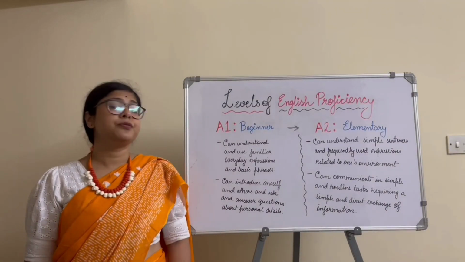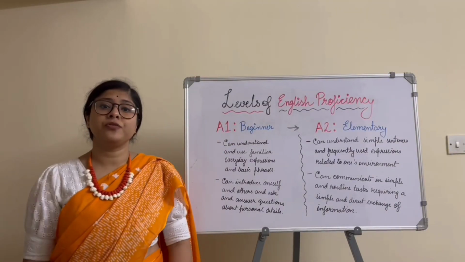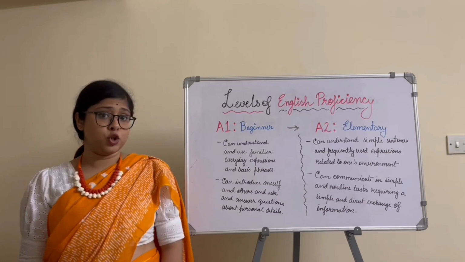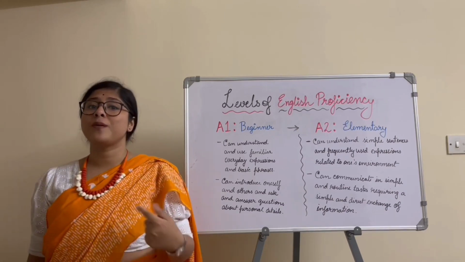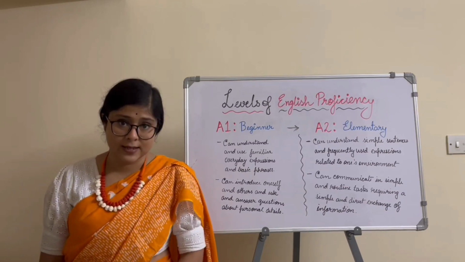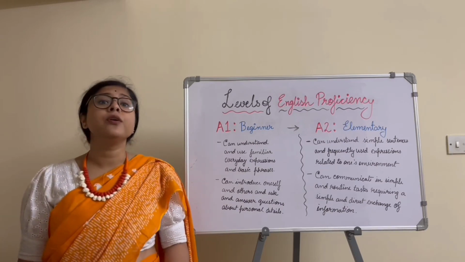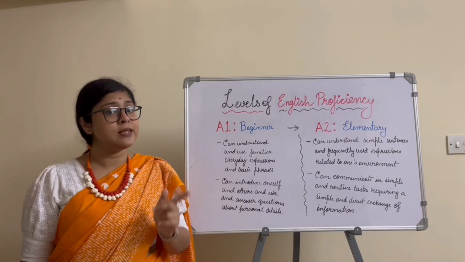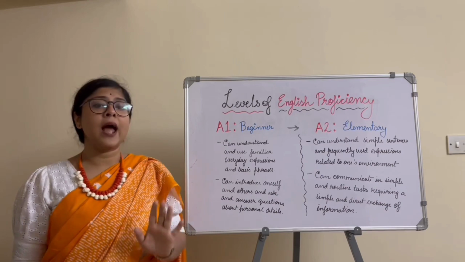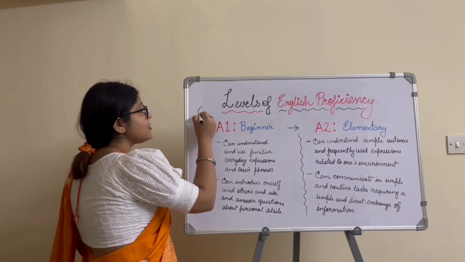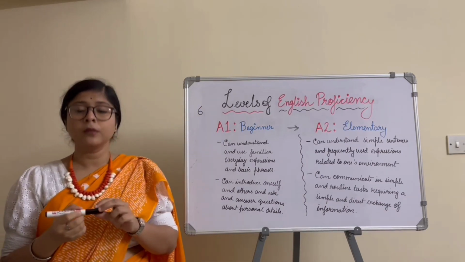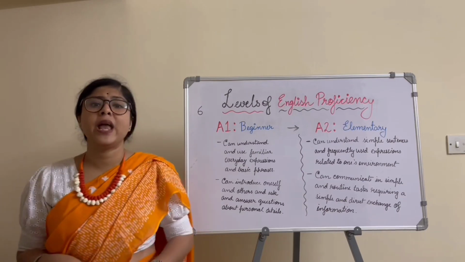So let's try to understand what each of these levels mean. In total, there are 6 levels starting from A1.